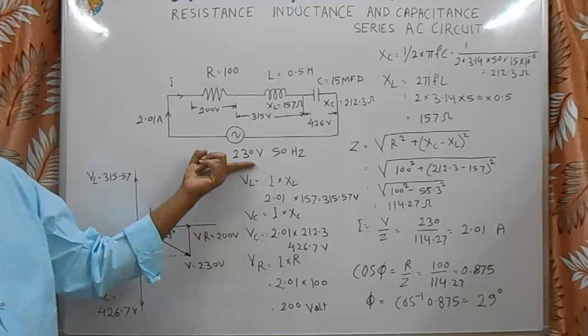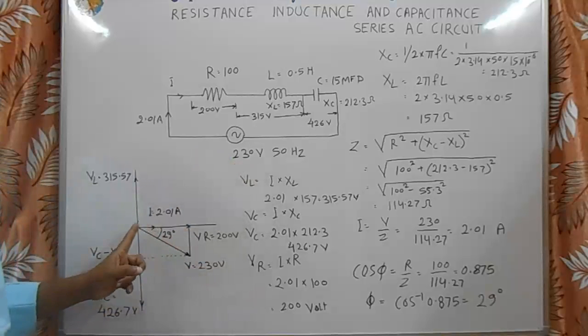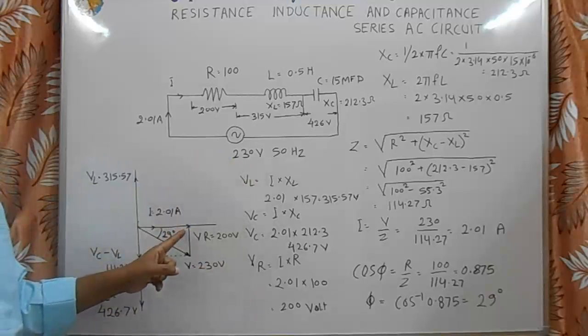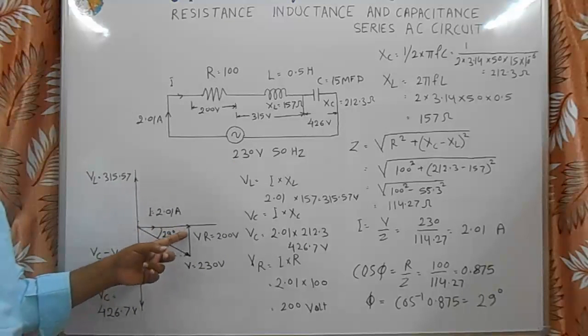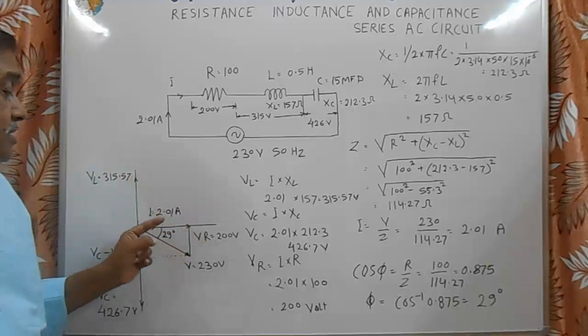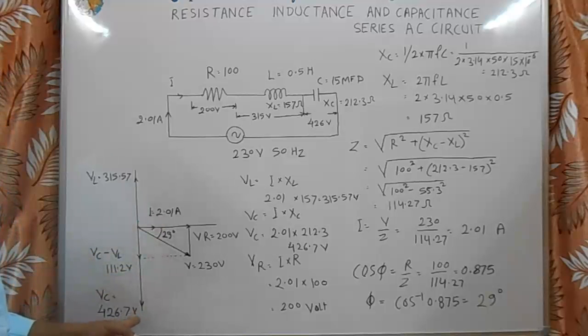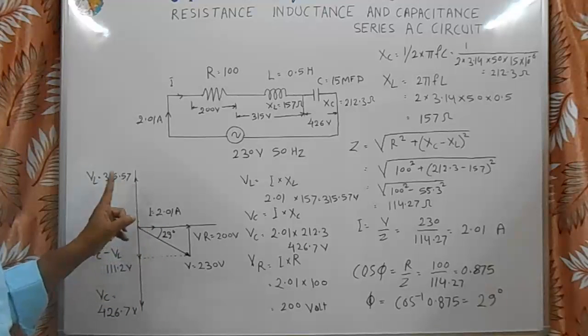Means this 230 volt supply voltage is divided into three vectors. One vector is VR. This is in parallel with the current vector. Means it is in line with the current vector. Means voltage drop across the resistance is always in phase with the current vector. And voltage across capacitance is leading the current vector, and voltage across inductance is lagging the current vector.